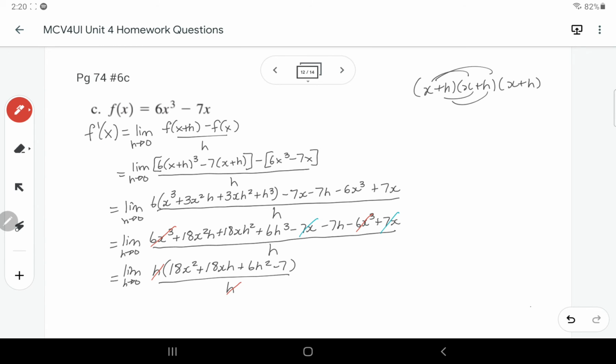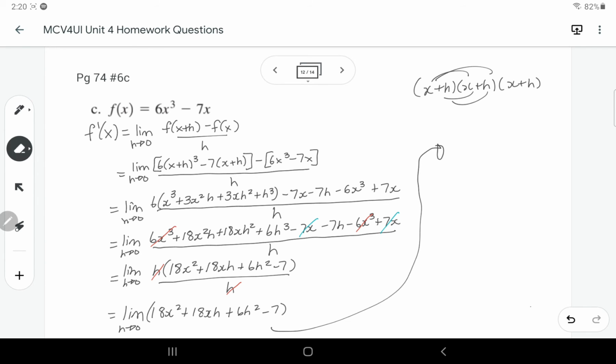And then we can reduce those h's, and we have the limit as h approaches 0 of 18x squared plus 18xh plus 6h squared minus 7. And then I'm at the point where I can take the limit, so I'm going to drop that limit notation and just sub in a 0.